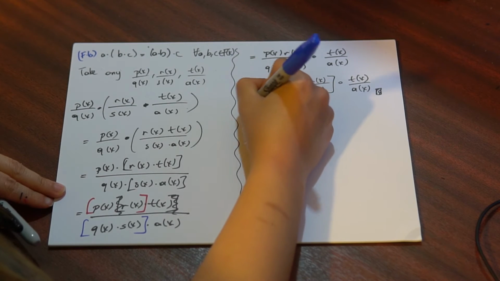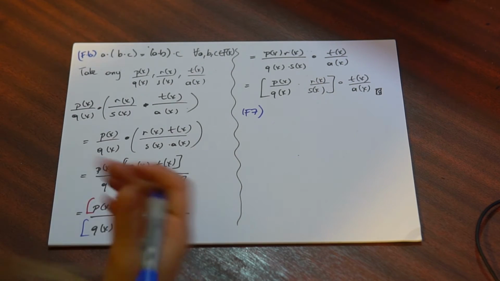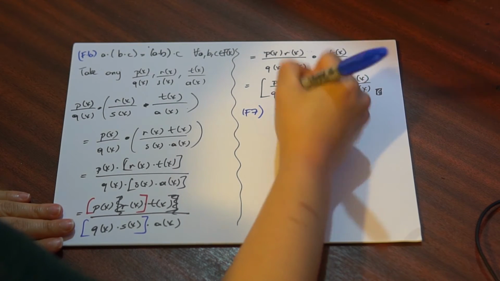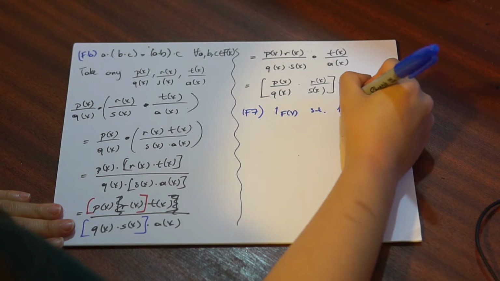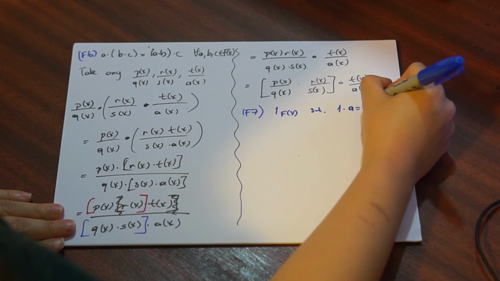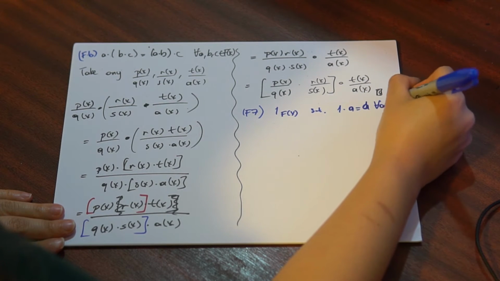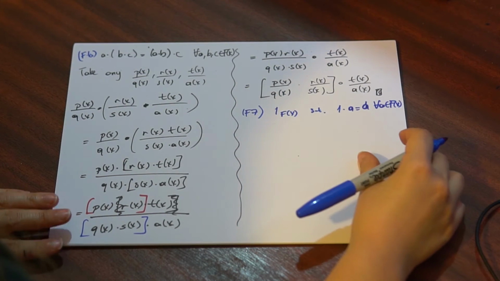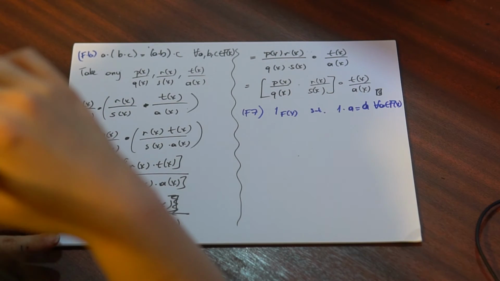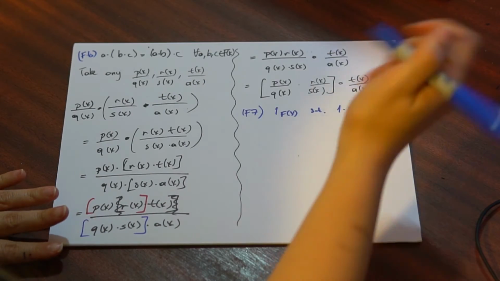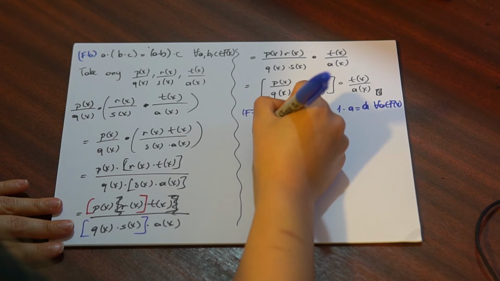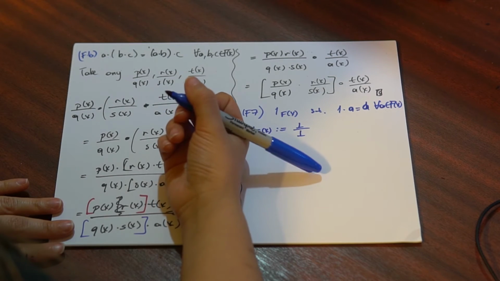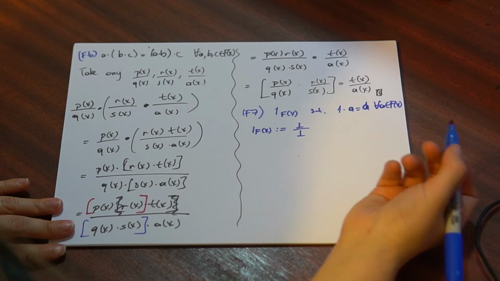Now, field axiom 7 is that we need to show that there exists 1 of F(x) such that 1 times a is equal to a for every a in F(x). We need to show there exists an identity element of the product. So let's define 1 of x as 1 over 1. This is a rational number, but we can see it as a polynomial.